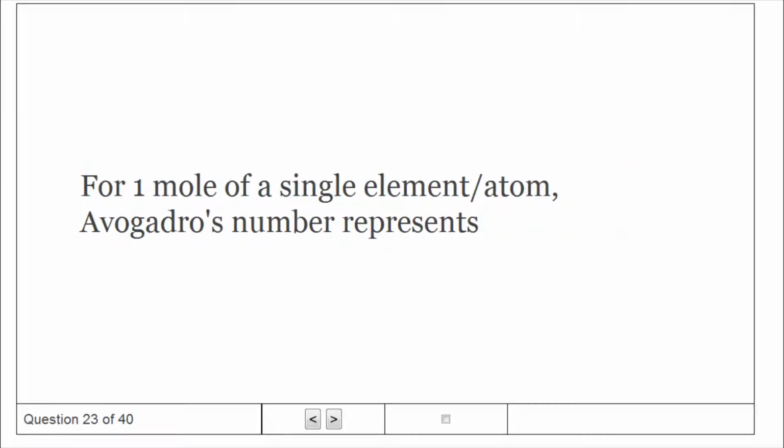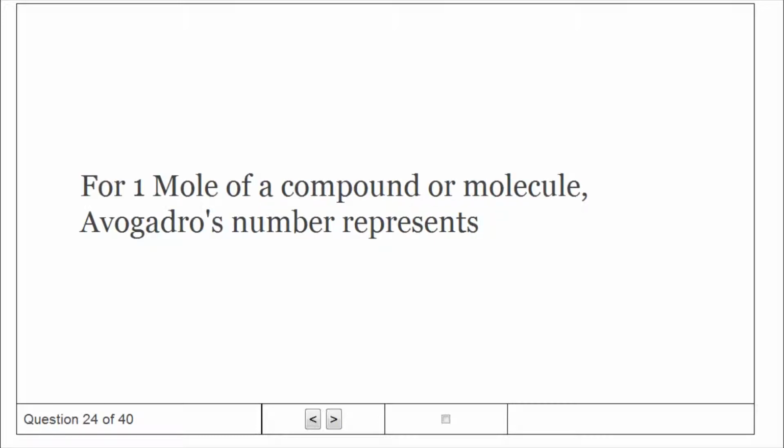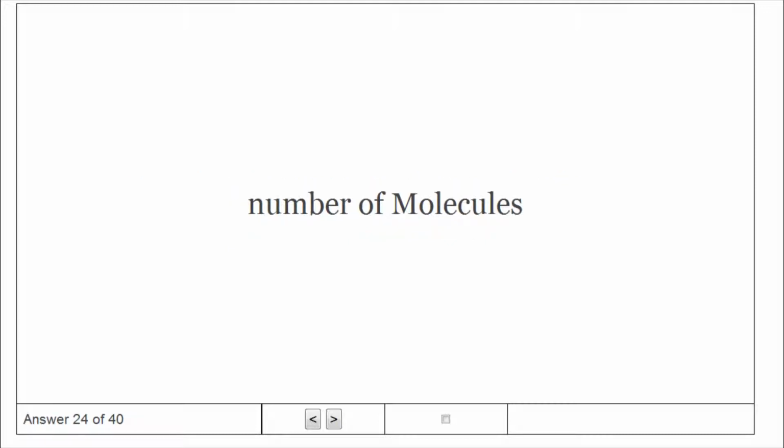For 1 mole of a single element atom, Avogadro's number represents the number of atoms. For 1 mole of a compound or molecule, Avogadro's number represents the number of molecules.